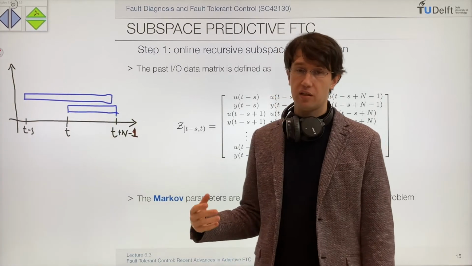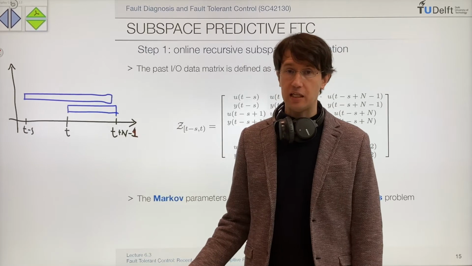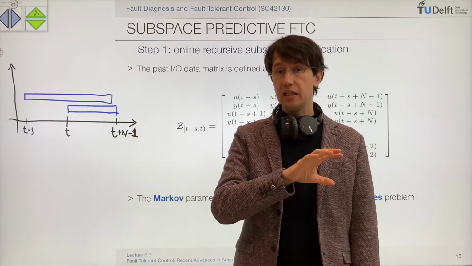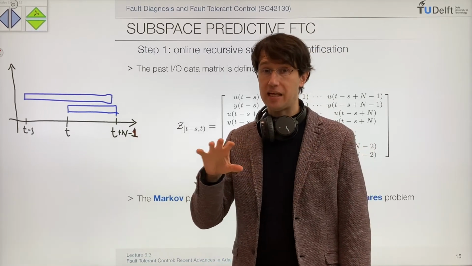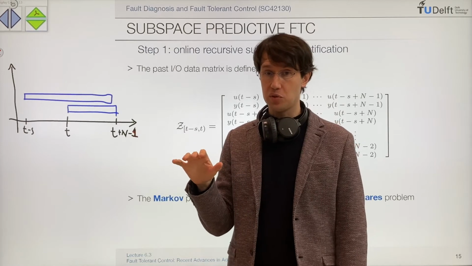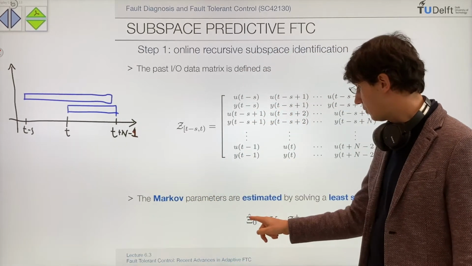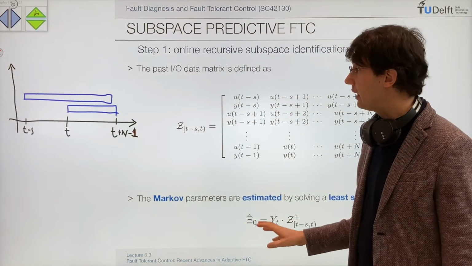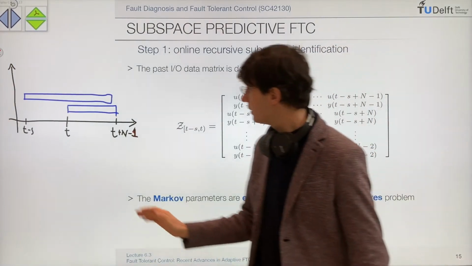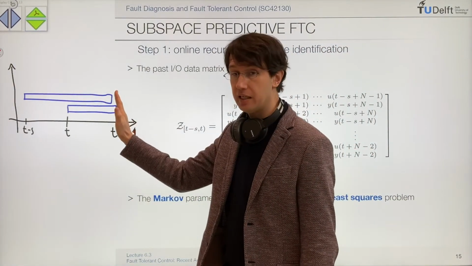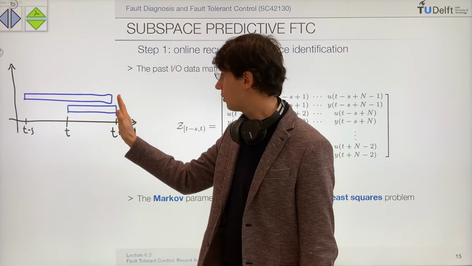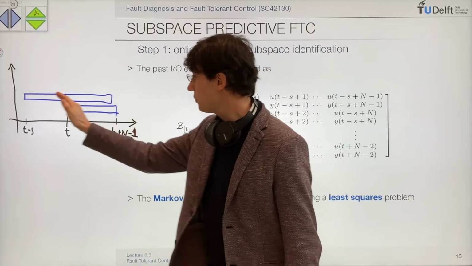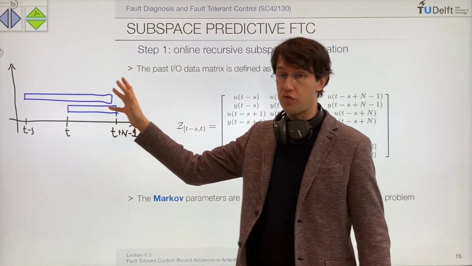So you need to think about this as an algorithm that at every time step is recomputing its solution. At every time step you get a new estimate, and the estimate that you get here is computed using data that you collected over these 2 time windows, and of course they move over time.